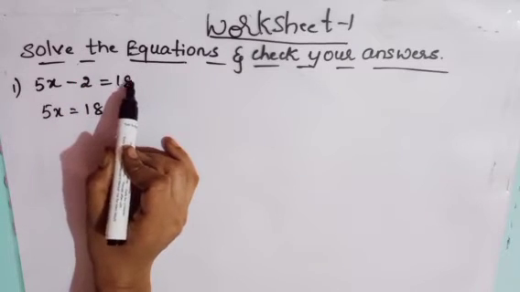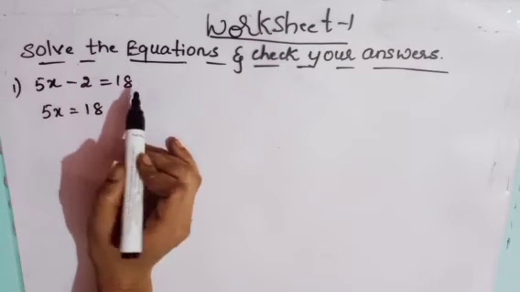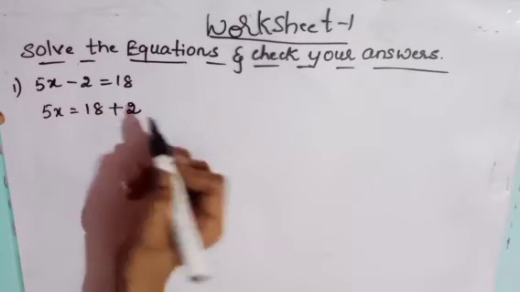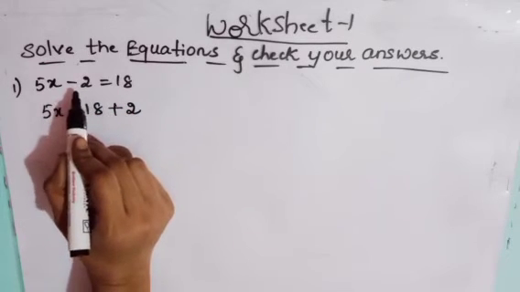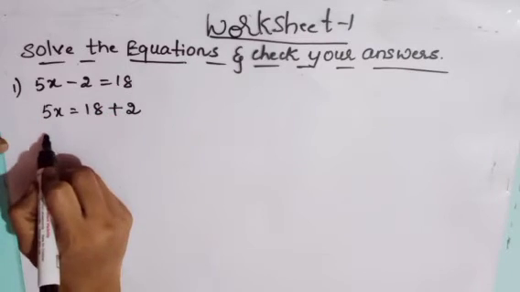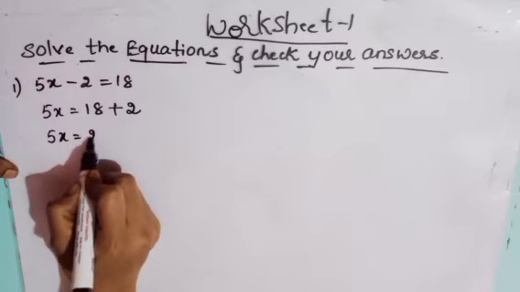When we transpose to the right side, the sign will change to plus 2. When we transpose from left to right, the sign changes to plus 2. Next, 5x equals 18 plus 2, which is 20.